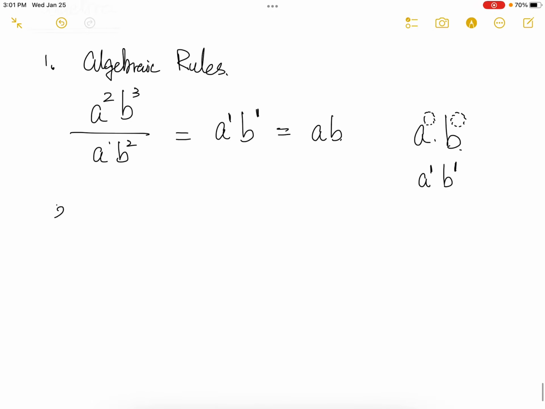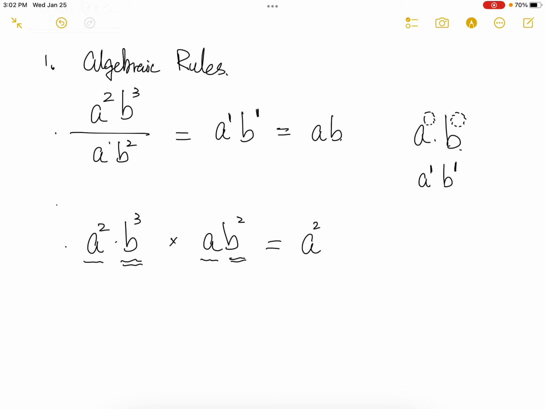The next thing, division, multiplication, right? So a squared b cubed times ab squared. So this equals to a, again, we look at a with a, and we look at b with b.